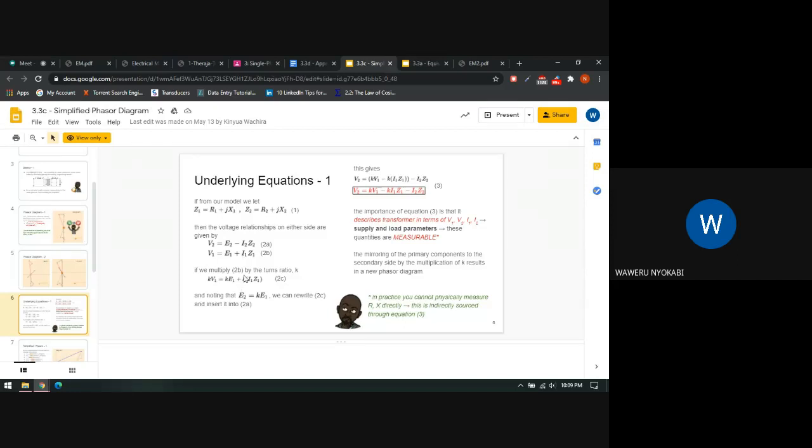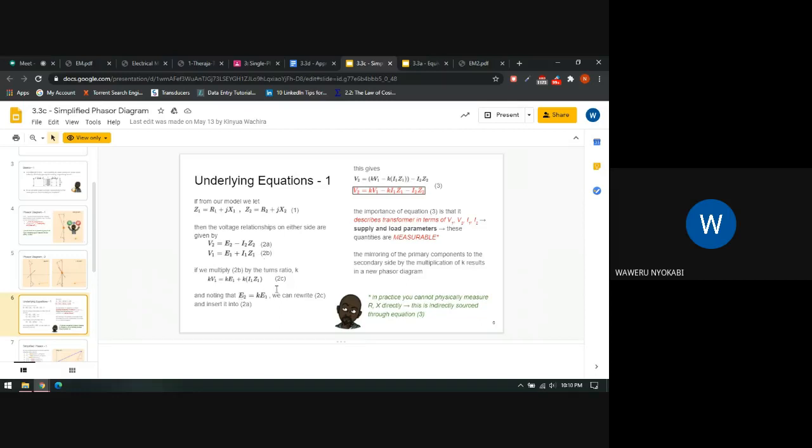Oh yeah, okay. So we have V1 is equal to E1 plus I1 Z1, meaning E1 is equal to V1 minus I1 Z1.